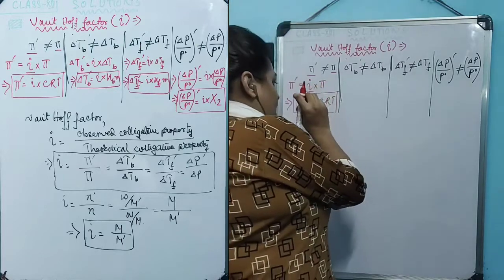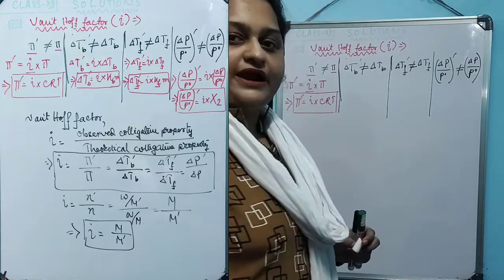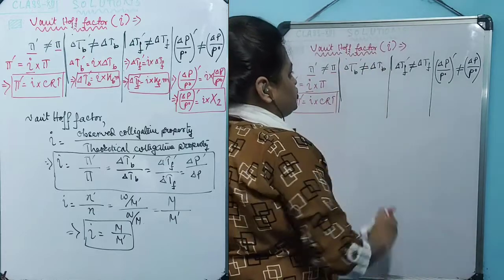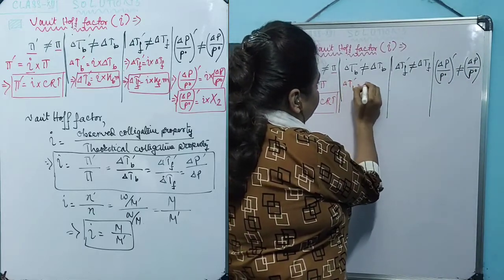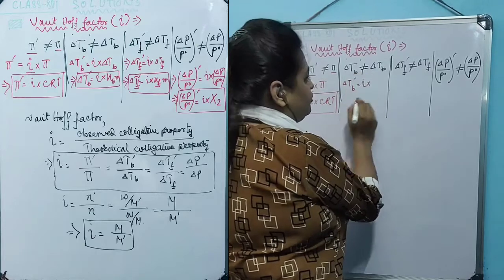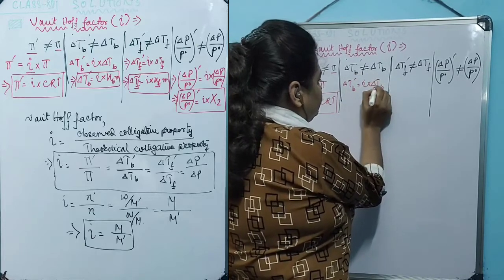Pi prime equals i, the Van 't Hoff factor, multiplied by CRT. Similarly, for elevation in boiling point, he concluded that the experimental value can be found by multiplying the Van 't Hoff factor with the theoretical value.